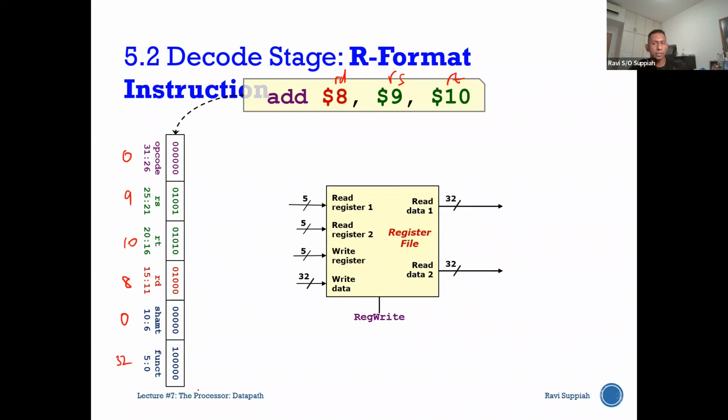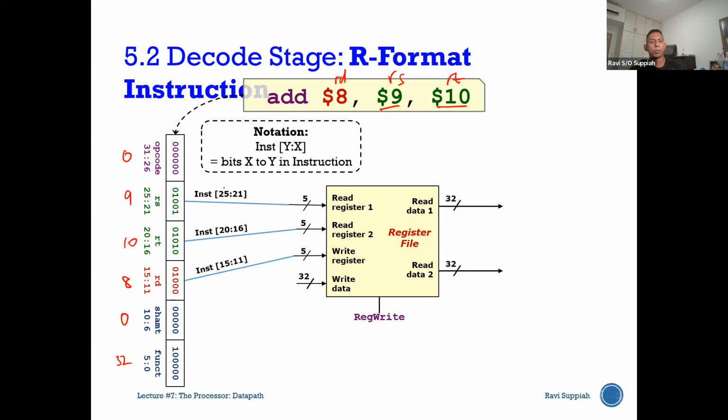For this R-type instruction, we know that we need to read from two registers, which are register 9 and register 10. But more than the actual numbers, what we want to know is the bit position. Bit positions 25 to 21 are RS, 20 to 16 are RT, and 15 to 11 are RD. This comes back to the instruction format.